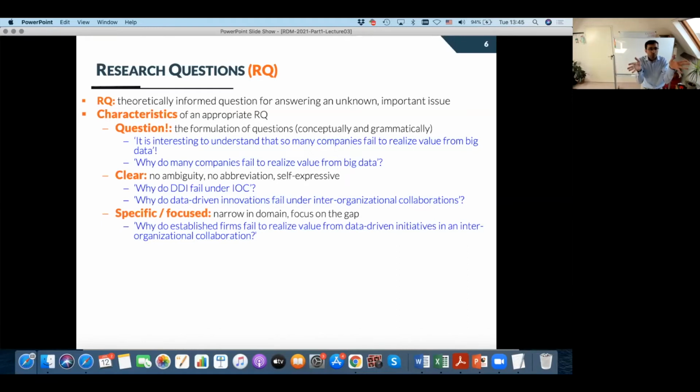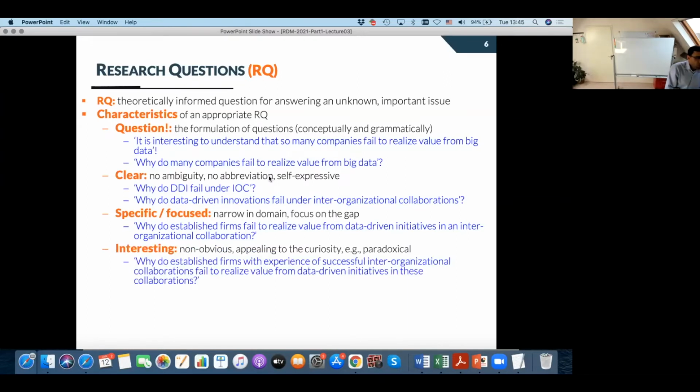It should be specific and focused. The focus that you got in your topic, don't lose it. Make it even more focused when you write your research question. It should be interesting. It shouldn't be obvious or a kind of potato question. If I ask, how do large organizations adopt expensive technologies?